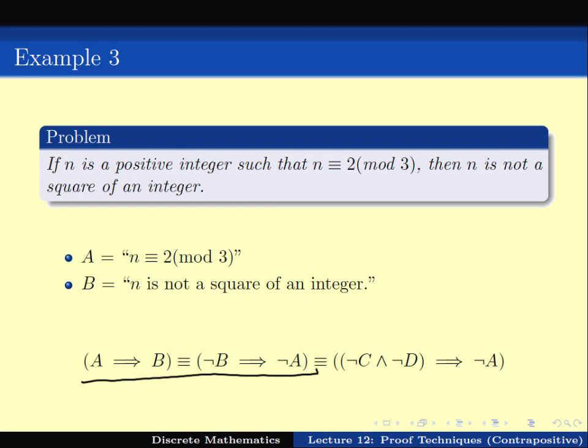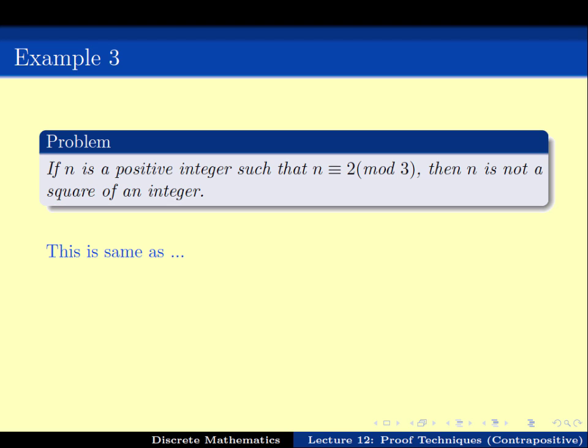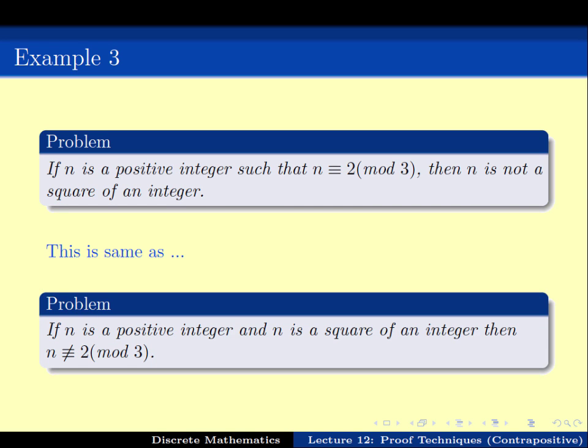See, here we are converting one of the statements to a problem where it does become A implies C or D. But it so happens that it can be helpful. Let's see. So in other words, this problem is the same as: if n is a positive integer and n is a square of an integer, then n is not congruent to 2 mod 3.